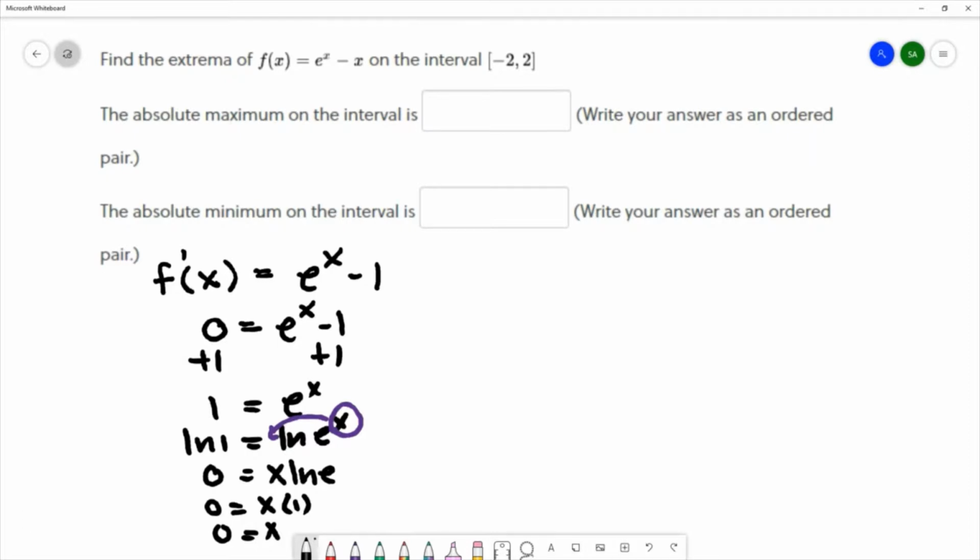And we're going to use the critical number as well as the endpoints of this interval to test to see what is the maximum and the minimum. So for our x's, we're going to use both the critical numbers as well as the endpoints.